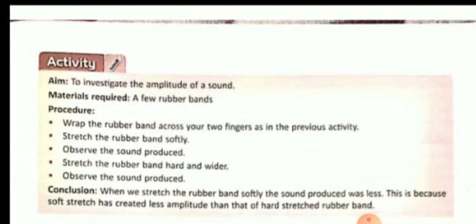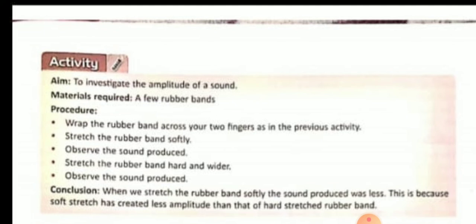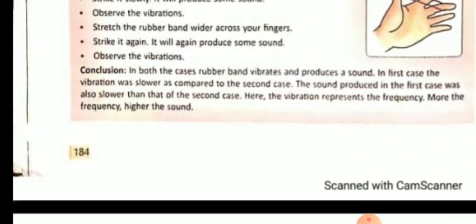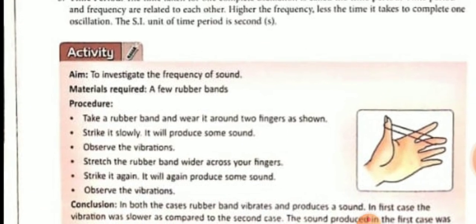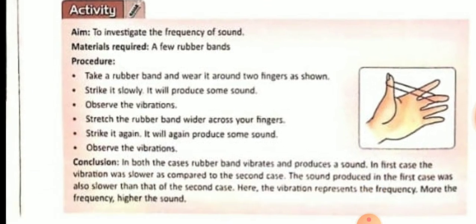So if we stretch it softly or for a shorter distance, then the sound produced was less. So this is to see the frequency and amplitude of sound by a simple method.